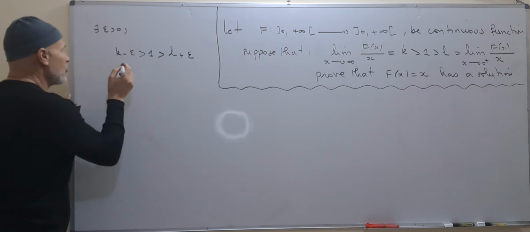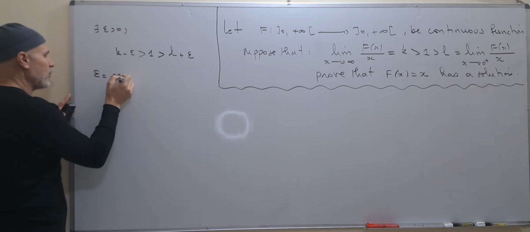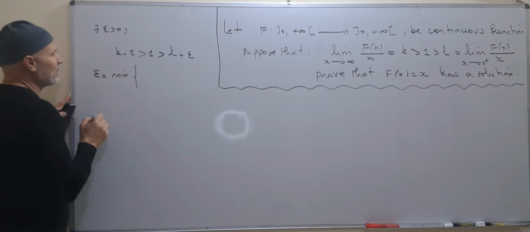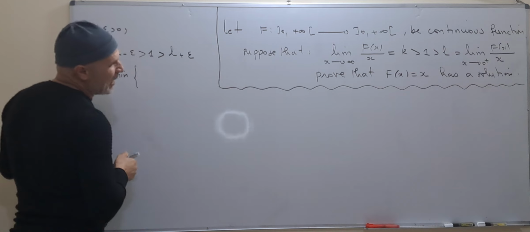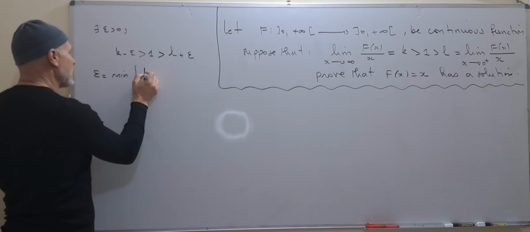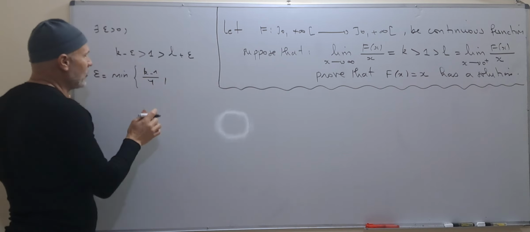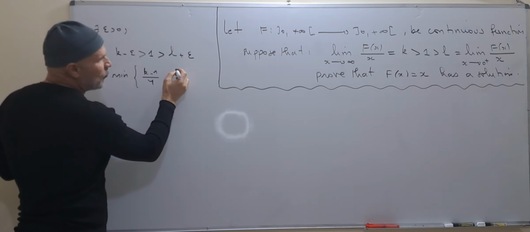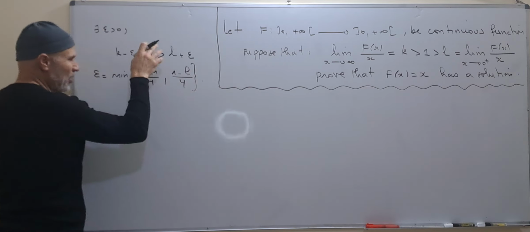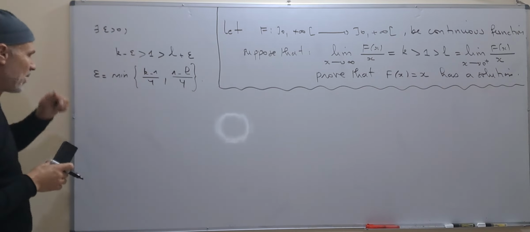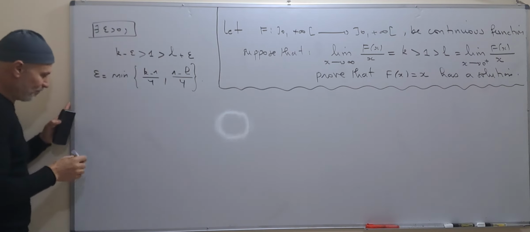It is sufficient to take epsilon, for example, equal to the minimum between (k minus 1) over 4 and (1 minus L) over 4. You can check, it is very easy. So for this epsilon, this is true.